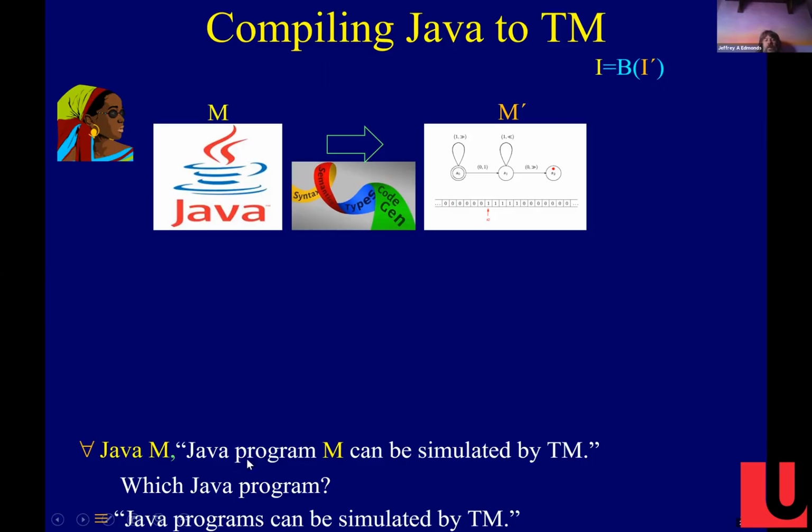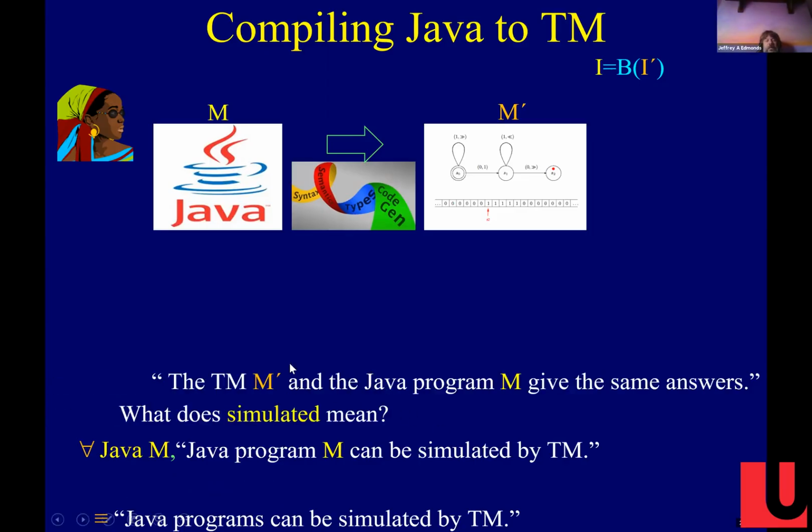So now, what do we mean by simulated by a Turing machine? It means that there's a Turing machine. Here, the Turing machine is in orange. M prime is our Turing machine. What does it mean for Turing machine M prime to simulate a Java program? It means that the two programs give the same answer. This Java program and this Turing machine give the same answer.